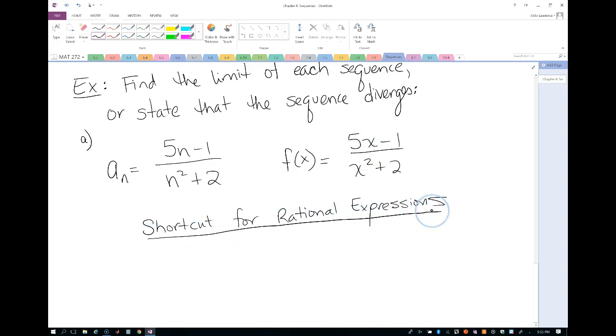So if we know we're working with a rational expression, what we need to do is compare the degree of the polynomial in your numerator to the degree of the polynomial in the denominator.